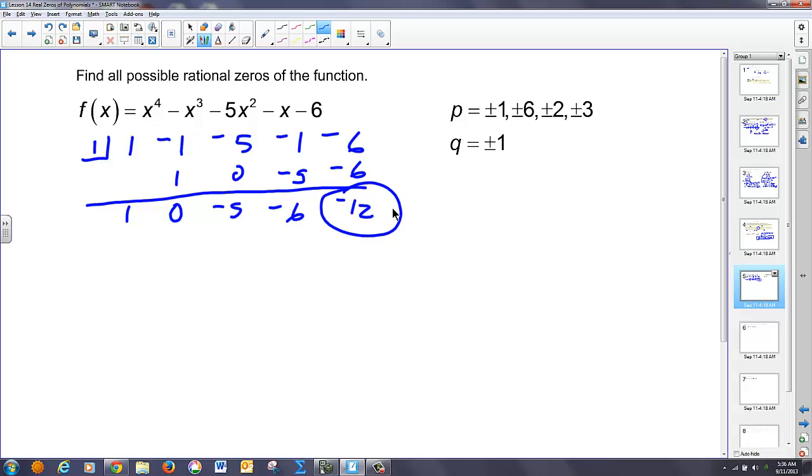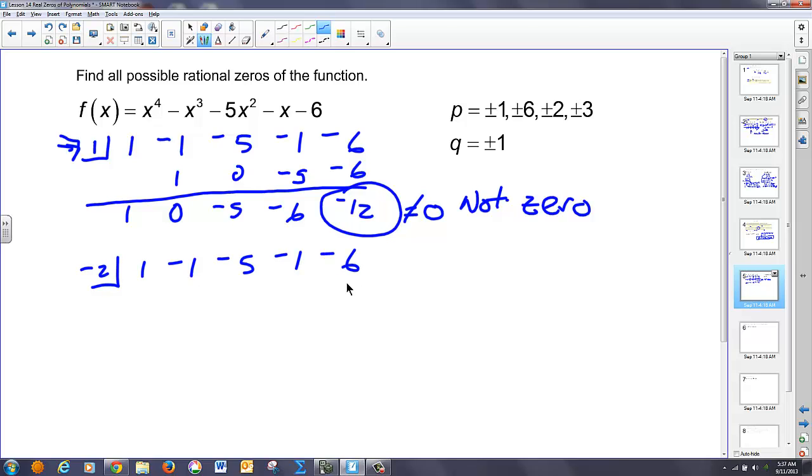Since I have a remainder that's not equal to 0, the 1 is not a root, or a 0. So now let's check another one. Let's go to -2. Go into the same function. 1, -1, -5, -1, -6. Do that division.